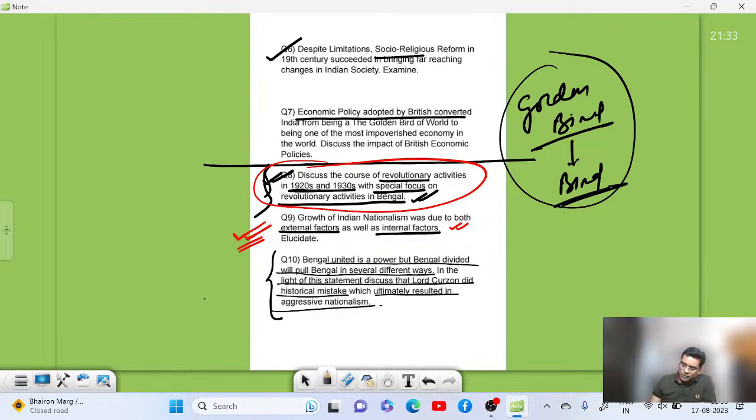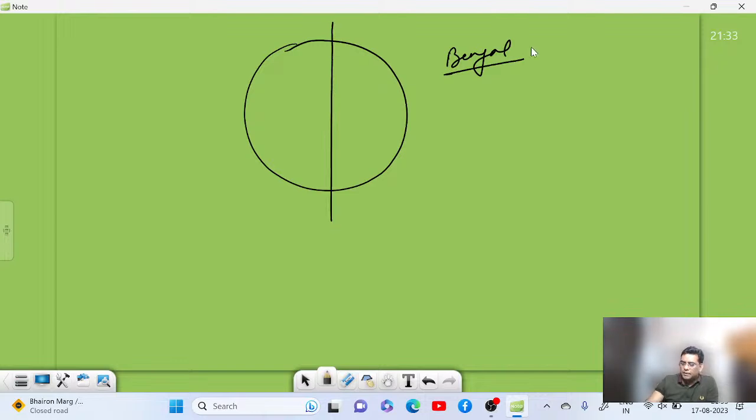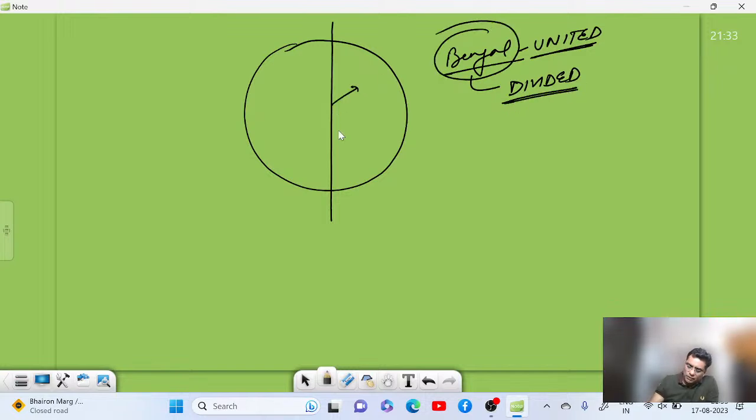The question is very straight. Bengal united is a power. Bengal divided will pull Bengal in several different ways.